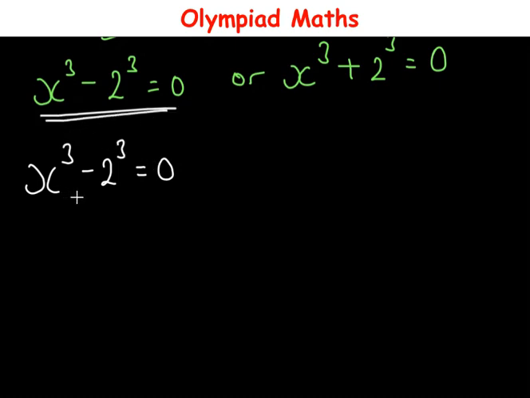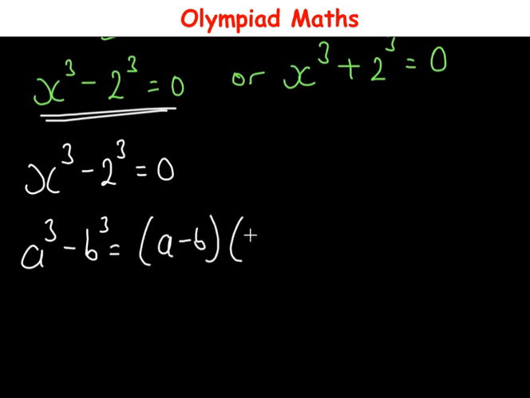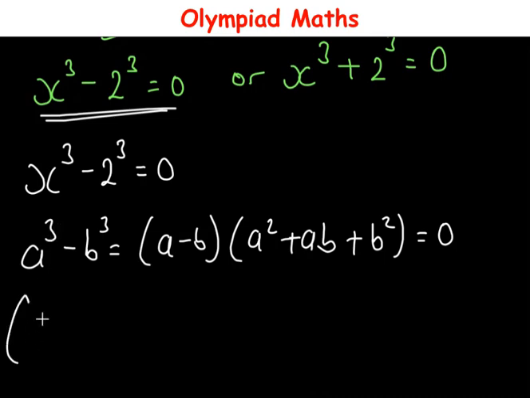Now, looking at this, what we have is something in this form as a raised to power 3 minus b raised to power 3, and this is equal to, in bracket, a minus b multiplied by a squared plus ab plus b squared, is all equal to 0. Now, with this, expanding this, a is x, then minus b is 2, multiplied by a squared.